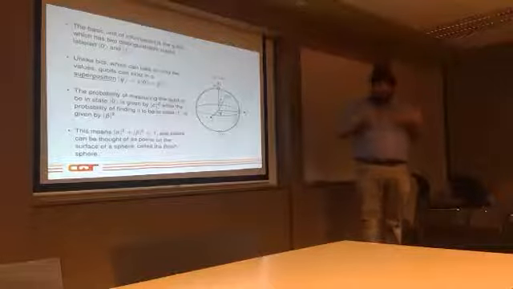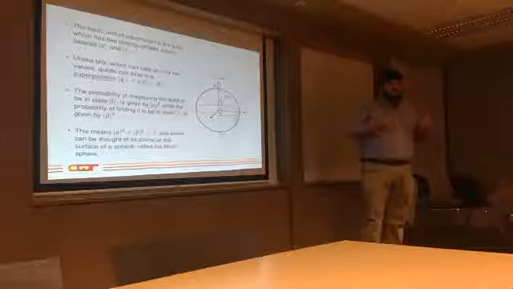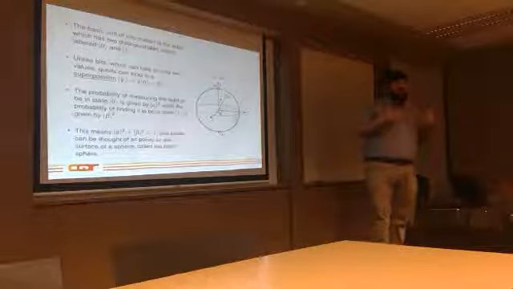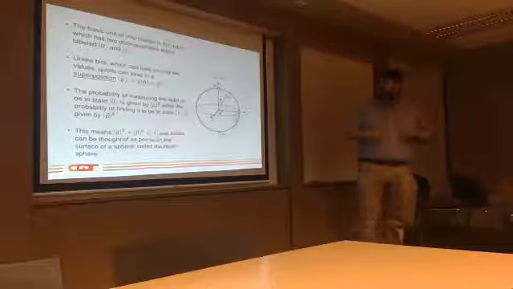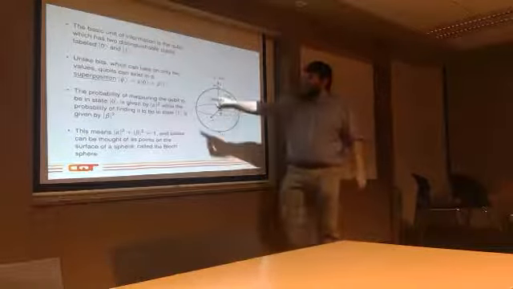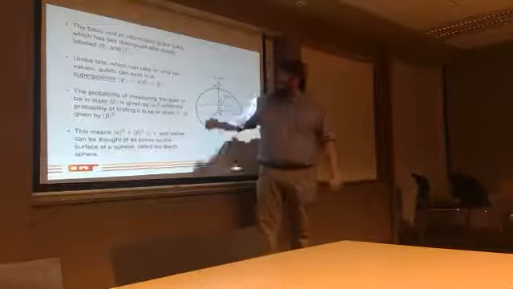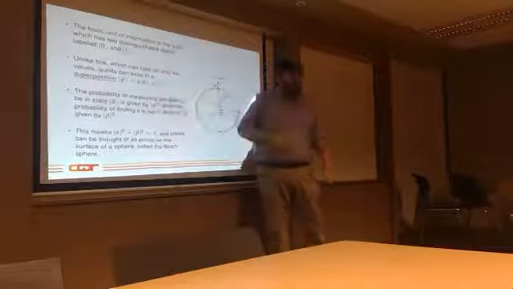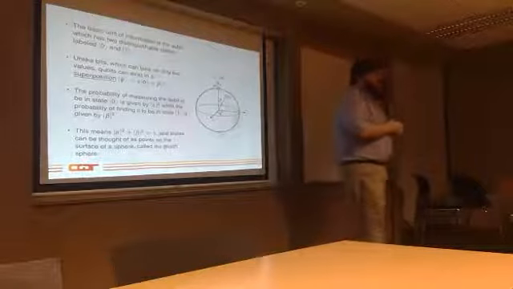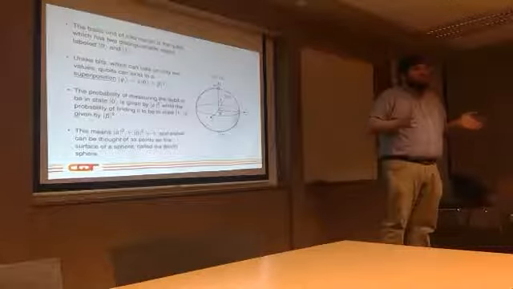Okay, so if you do this, it turns out that you've got these 4 numbers you need. You need the real part of alpha, you need the imaginary part of alpha, you need the real part of beta, and you need the imaginary part of beta. But it turns out that we don't care about the global phase.